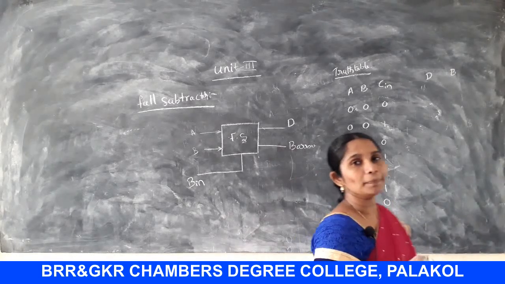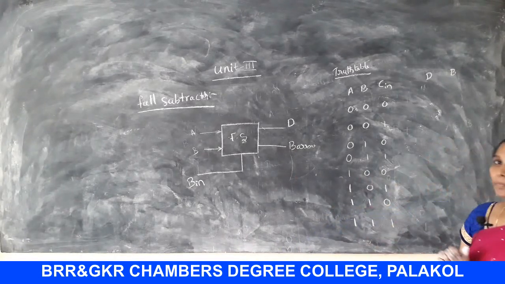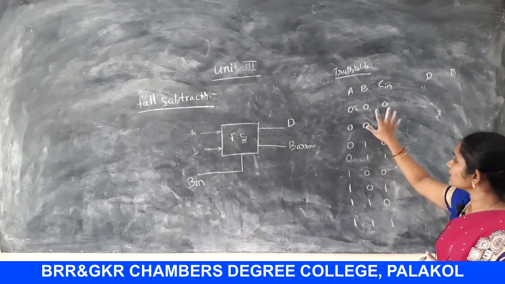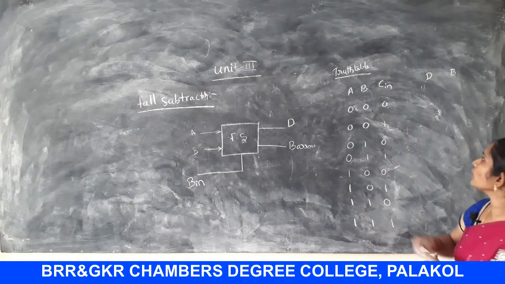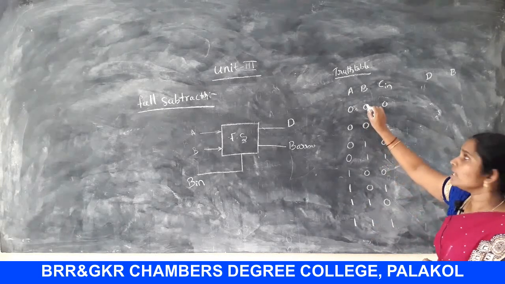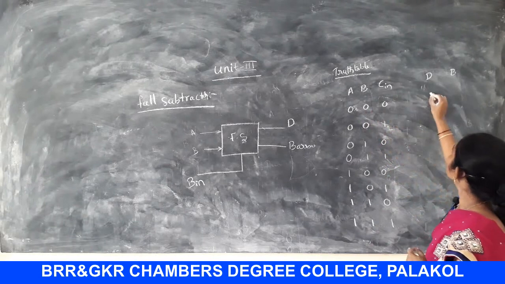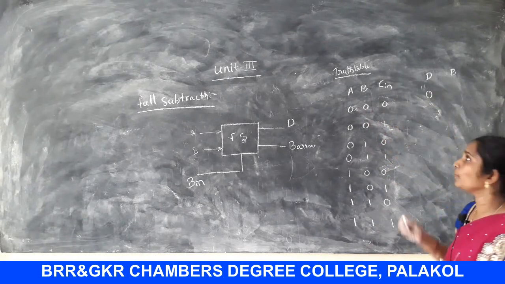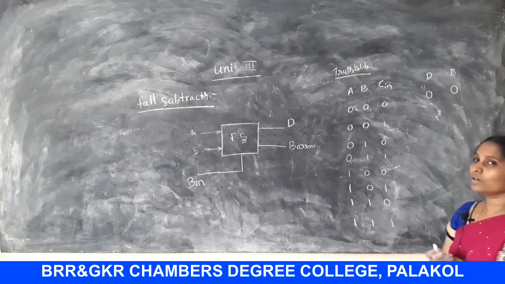We will perform the subtraction operation between these 3 bits. Here 0 minus 0 is 0, 0 minus 0 is also 0. Therefore, the difference is 0 and the borrow is also 0.